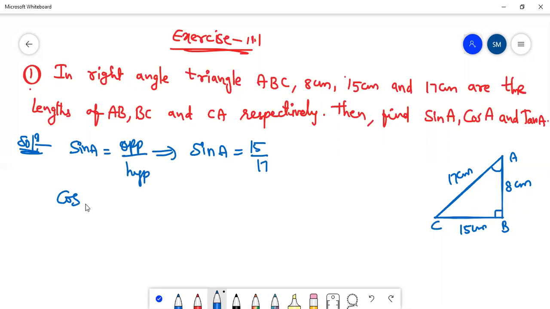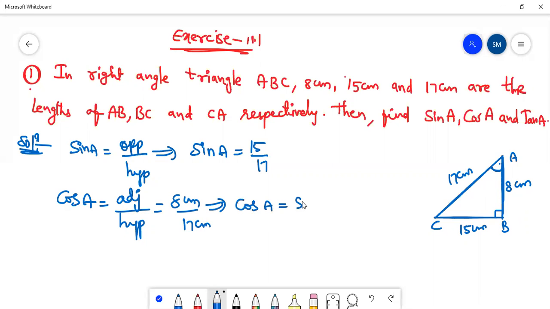Cos A is equal to adjacent side by hypotenuse. For angle A, this is the adjacent side. So it is 8 centimeter by 17 centimeter. From this we can write cos A equal to 8 by 17.